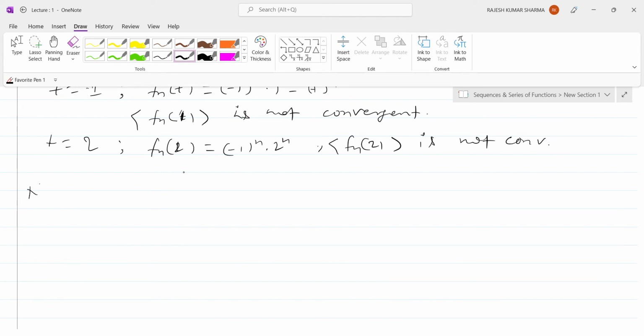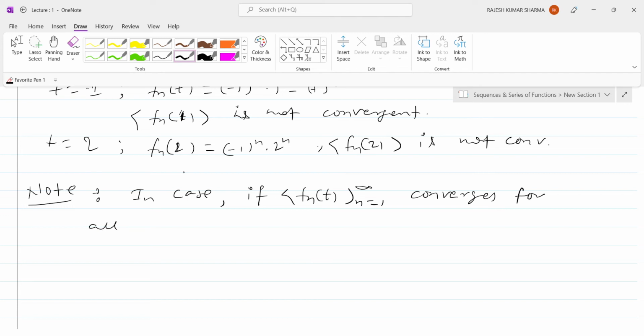Now let us see a note. Note: in case the sequence f_n(t), n is equal to 1 to infinity, converges for all t belongs to D, then we say the sequence f_n converges pointwise, otherwise no. If there exists at least one point where the sequence of functions is not convergent, then we can't say the sequence is pointwise convergent.